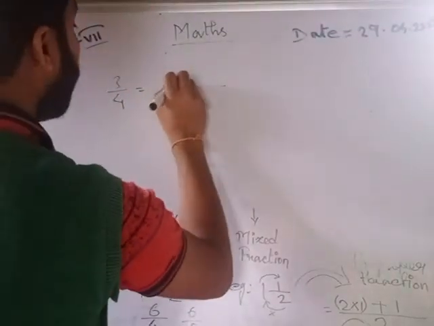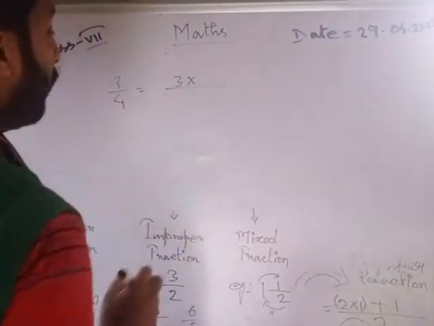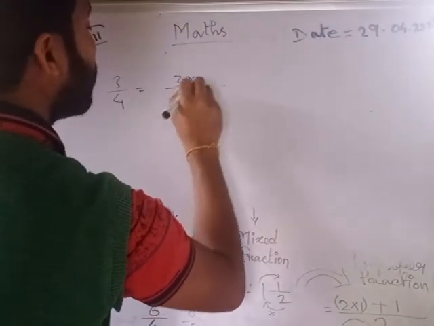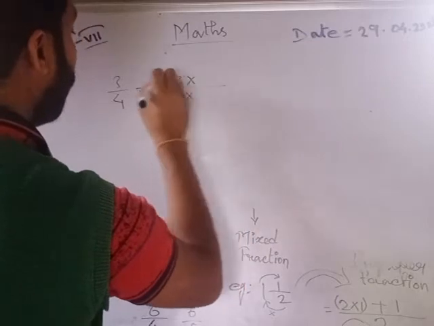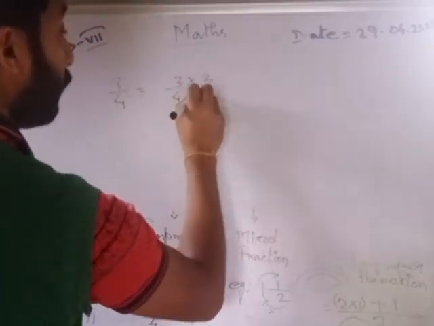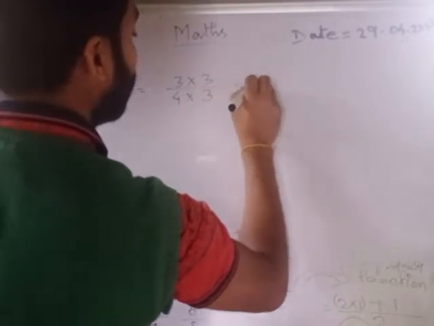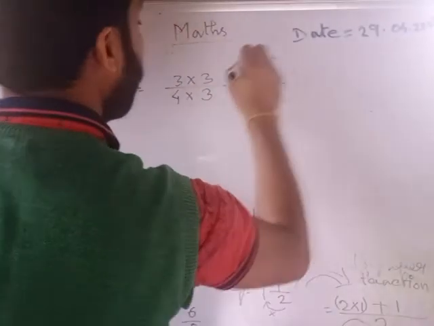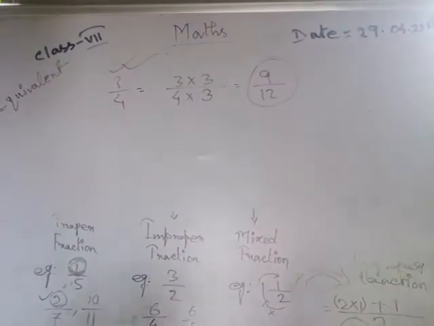That means you should multiply the denominator and numerator by the same number. If you multiply the numerator by 3, you should multiply the denominator also by 3. That means 9 by 12. It is the equivalent fraction of this fraction.